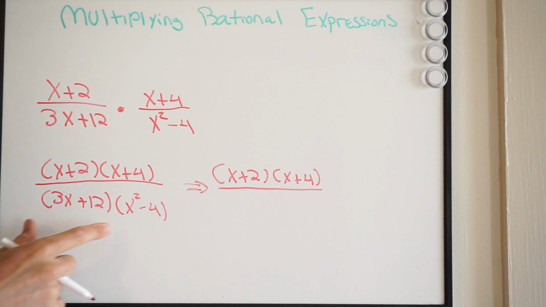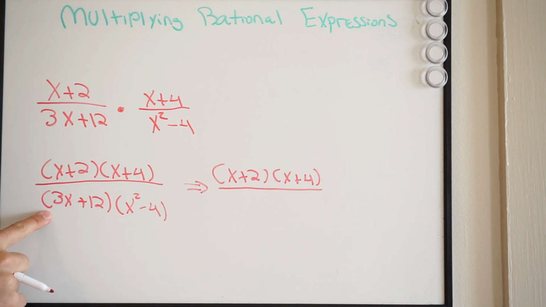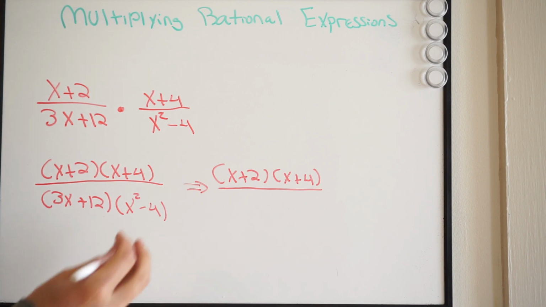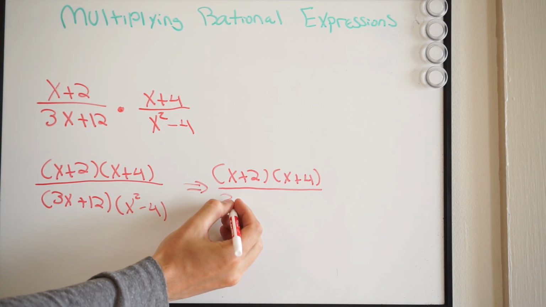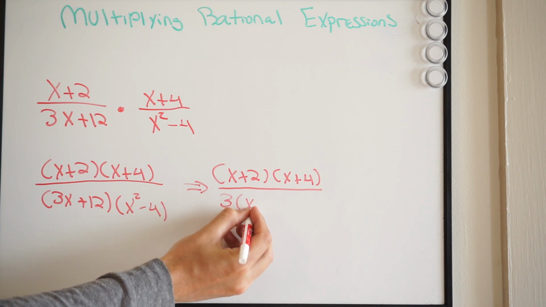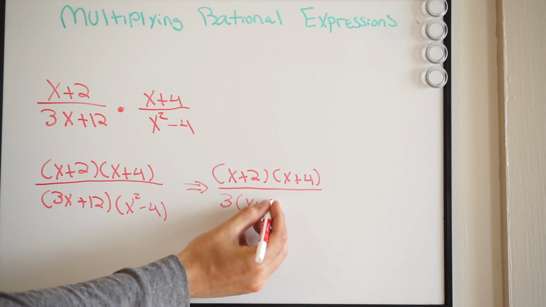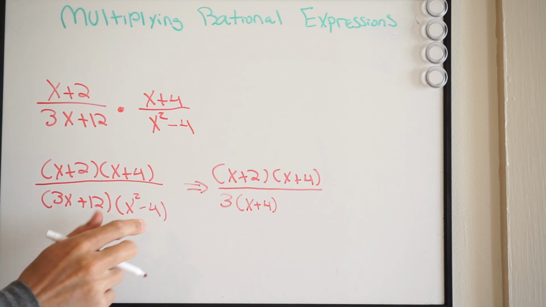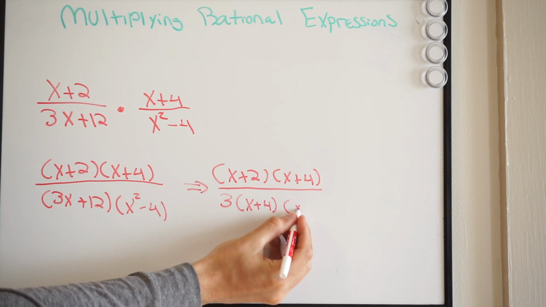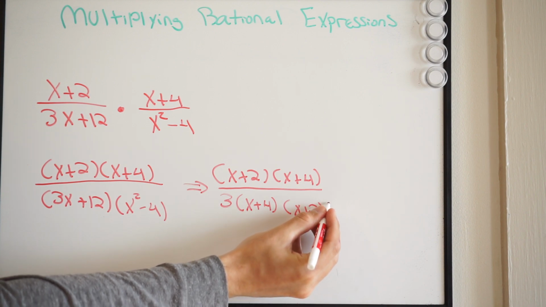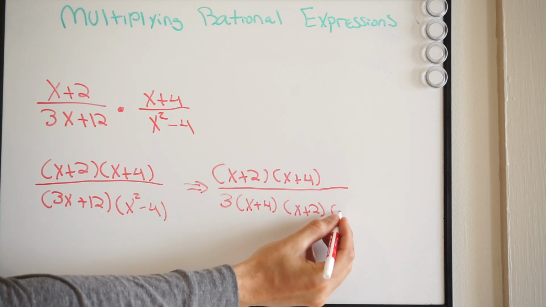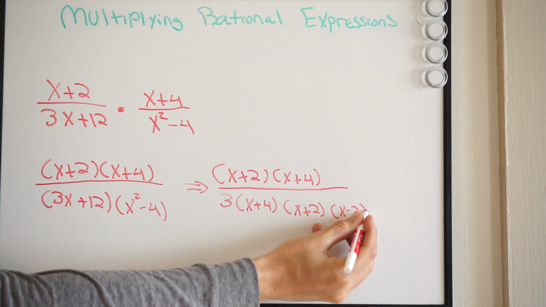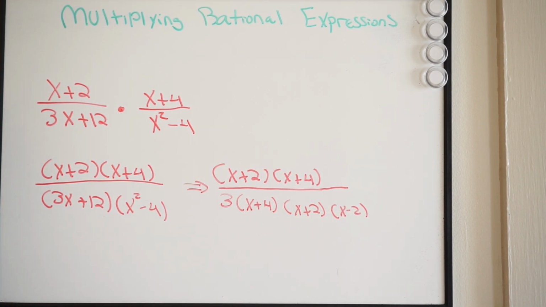What can I pull out of this first factor? What do they both have in common? I can pull out a 3, and I'll have x plus 4. And then look at this. This is a difference of 2 squares. So I can write this as x plus 2 and then x minus 2.